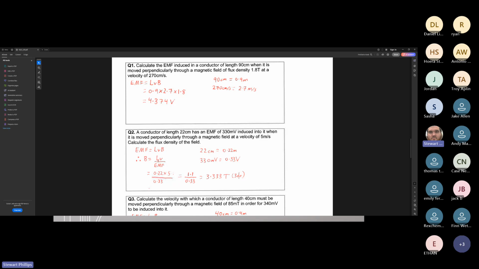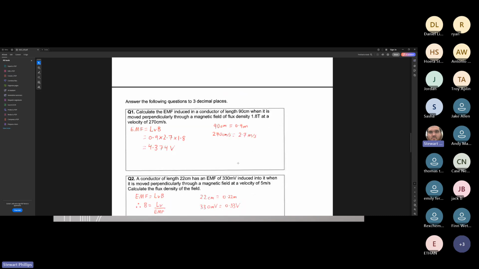So it's LV divided by EMF, which gives us 0.22 times 5, because 22 centimeters is 0.22 meters, divided by 0.33, because 330 millivolts is 0.33 volts, which means we have 1.1 divided by 0.33, which gives us 3.333 Teslas, rounded to 3 decimal places, like the instructions at the top say.